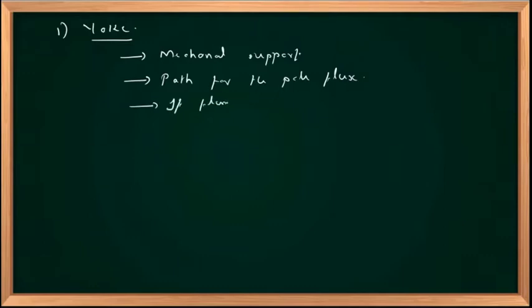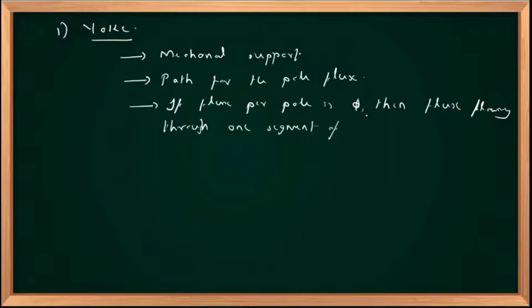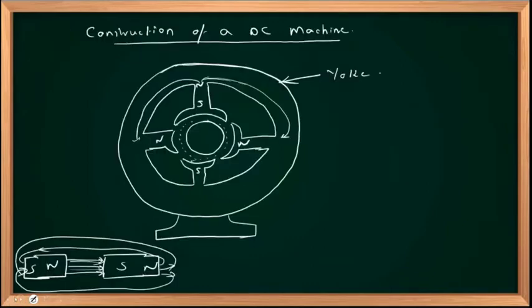If flux per pole is 5, then the total flux flowing through one segment of yoke will be, say this is the complete flux per pole. If it is 5, the opposite side also this 5 will be coming, right? Say this north pole will have flux per pole which is 5.